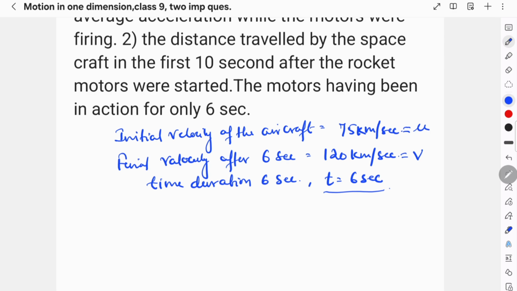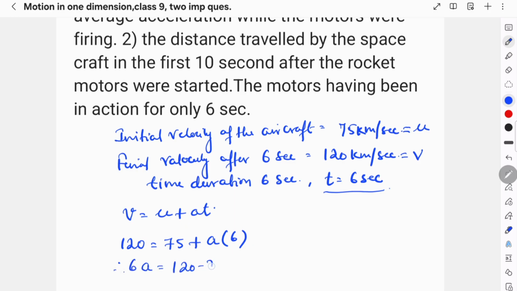Okay. So now let us use the equation v is equal to u plus at. So now v is 120, initial velocity is 75, plus we need to find the acceleration, and time is given as 6 seconds. So what we'll get? 6a will be equal to 120 minus 75, which is equal to 45.